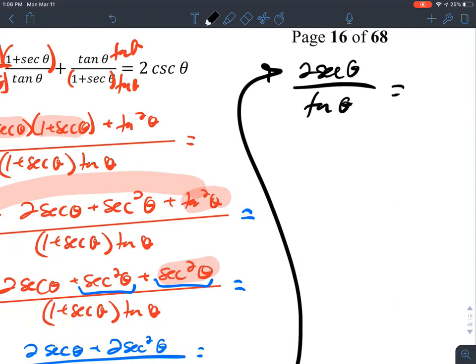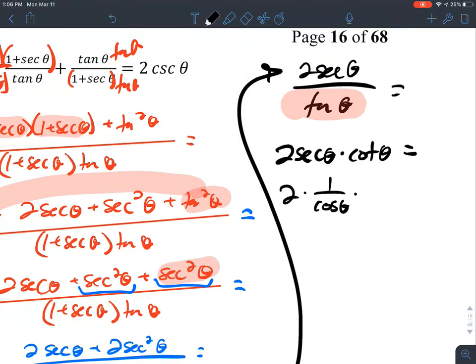Now at this point, I'm going to change everything in terms of sine and cosine. Actually, before I do that, I'm going to rewrite this so it's not a fraction. So this is the same as 2 times secant of theta times cotangent of theta. I just reciprocated tangent. Reciprocal of tangent is cotangent. That moves it to the top. And then secant is 1 over cosine of theta.